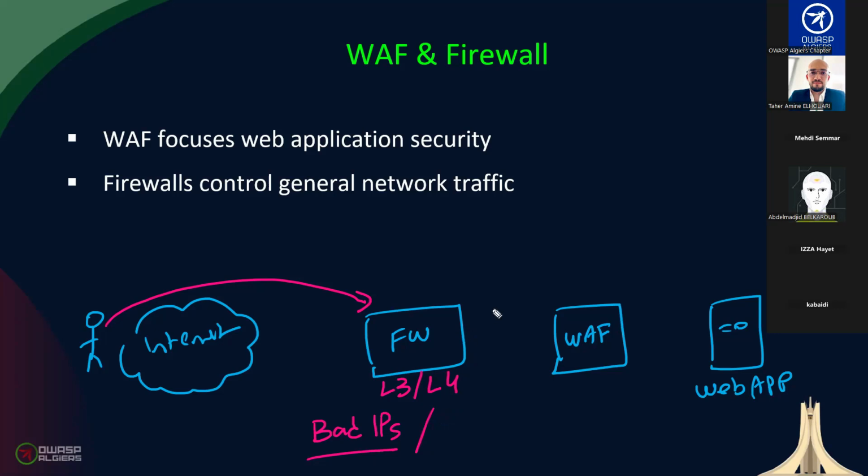For example, if I have inside my internal network only a web server, I don't want people to use FTP or SSH from the internet. I only allow HTTP protocol. So I can configure firewall policies to allow HTTP and HTTPS only.